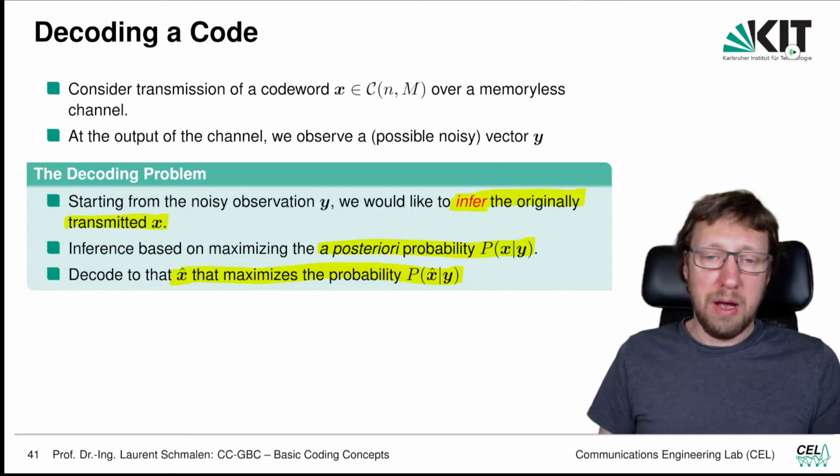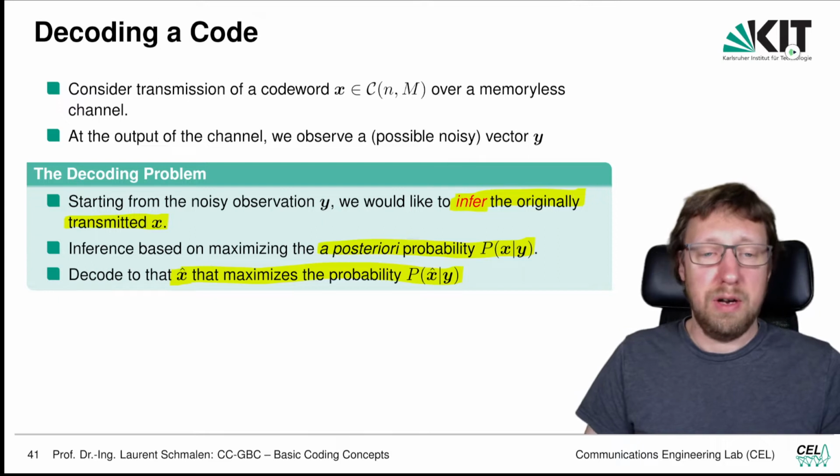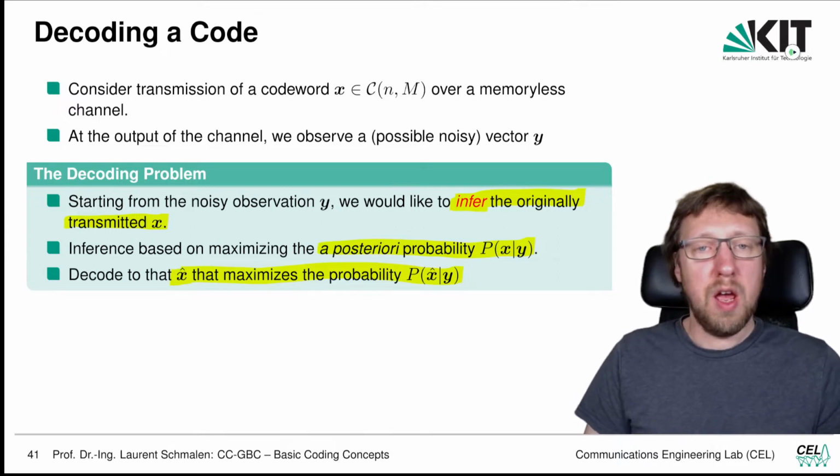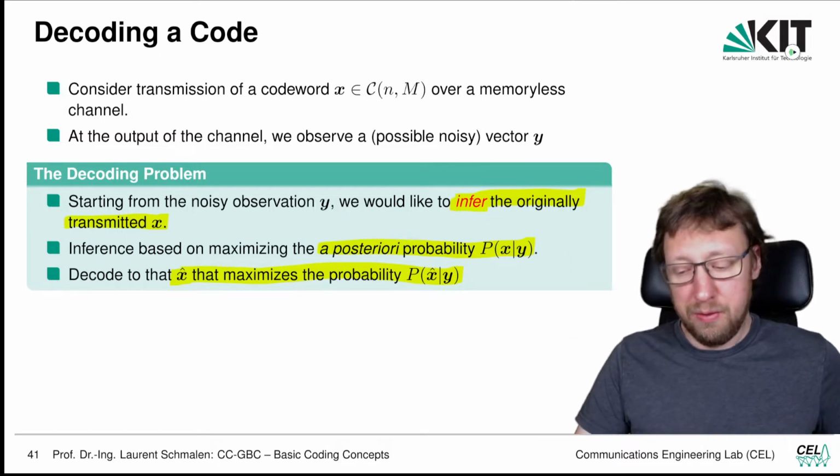By maximizing this probability, we minimize the error rate of the code. So the goal of the decoder is to maximize this a posteriori probability.